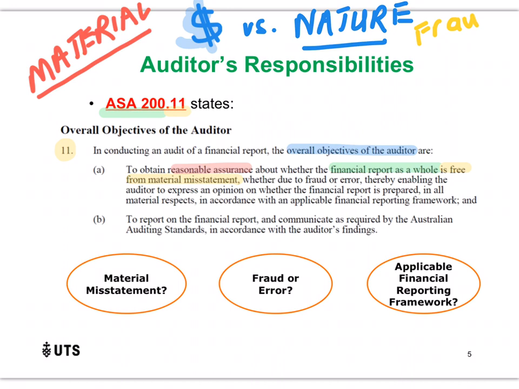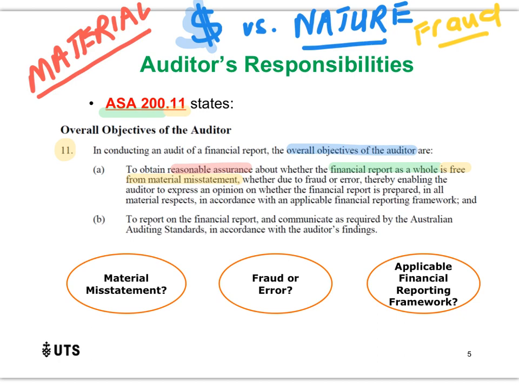If I found a fraud within a financial report or within a particular company, it doesn't really matter how much the dollar impact of that fraud was. What would be important to me is the fact that there was fraud. By its very nature, that's a big problem, okay? That would be significant, important, material. It would impact on my decision making.